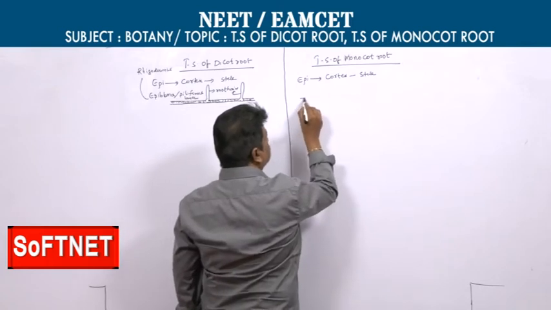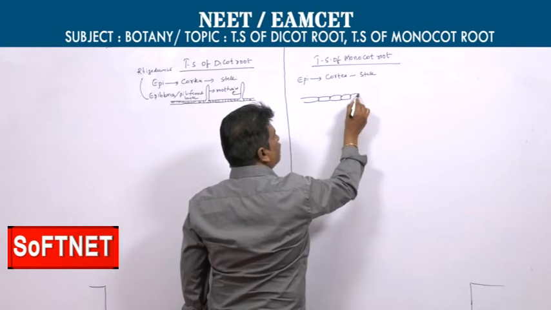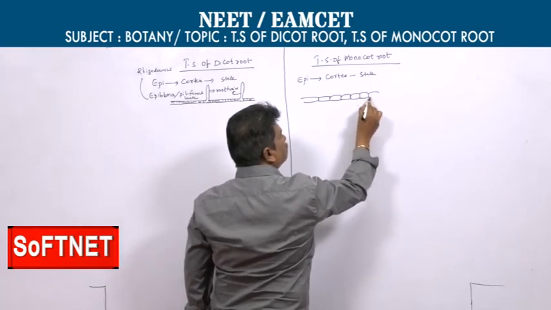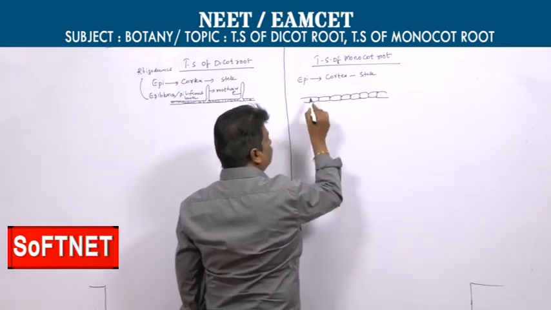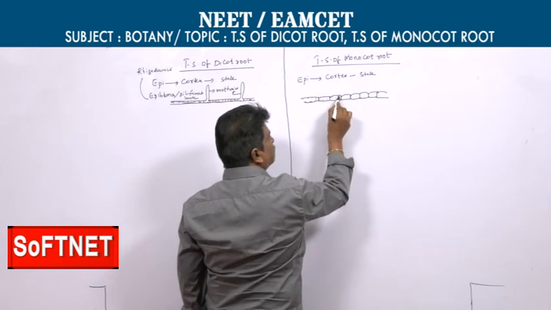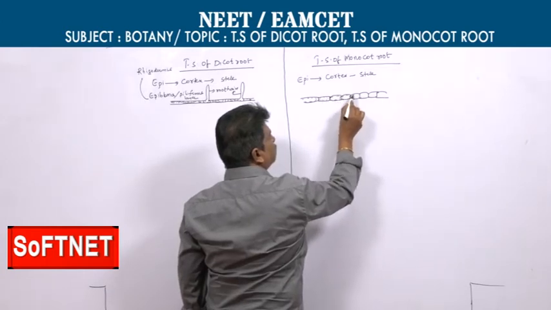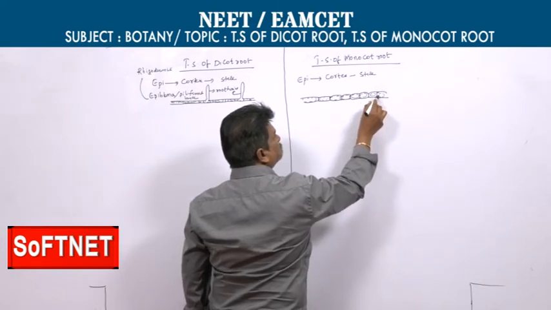Then epidermis of monocot root has the same characters. In monocot root, epidermis is unilayered, made up of tubular or rectangular cells, contains vacuolated protoplast, even leucoplast.